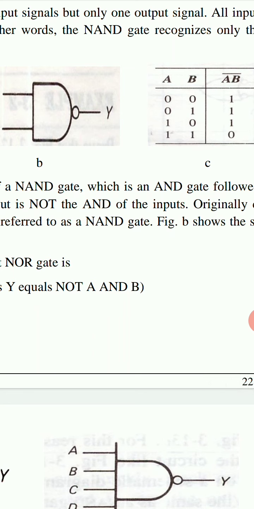It means the output is high for this circuit when either one or more inputs are 0. When both inputs are 1, its output is 0.